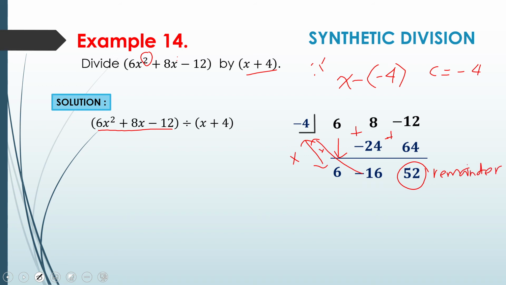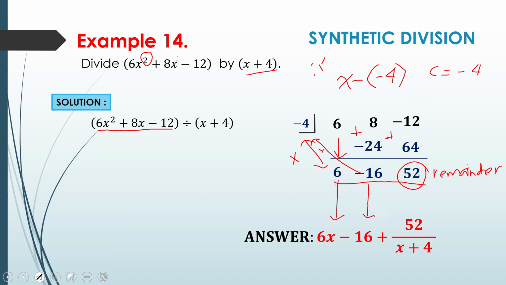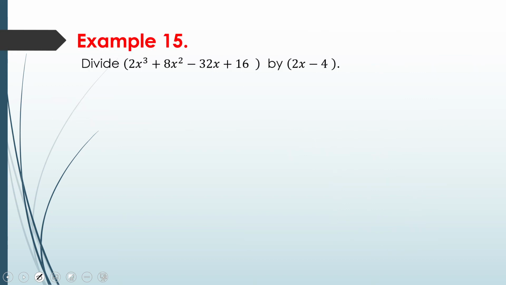So your given is power 2, therefore your answer will start with power x. So that's why this is 6x minus 16 and your remainder, which is 52 over your divisor, which is x plus 4.